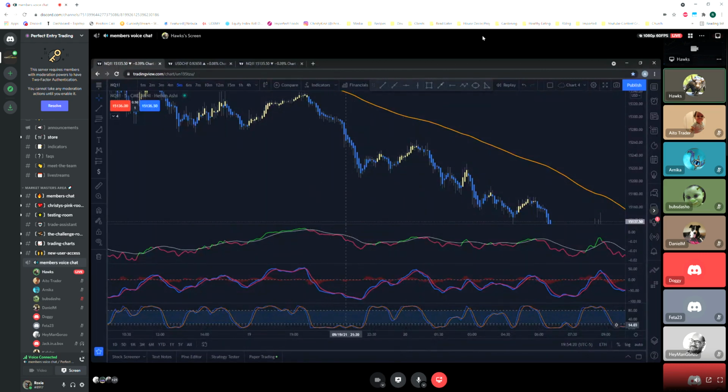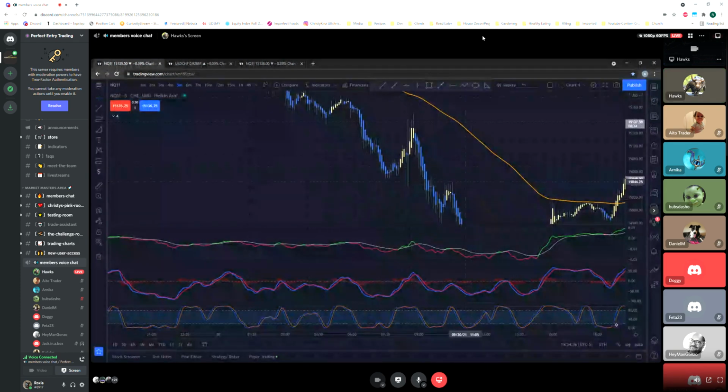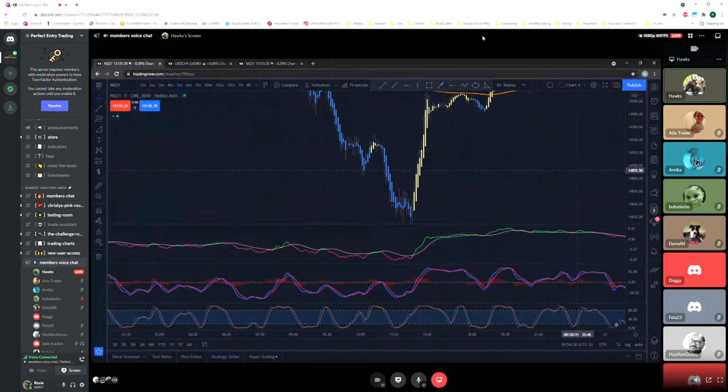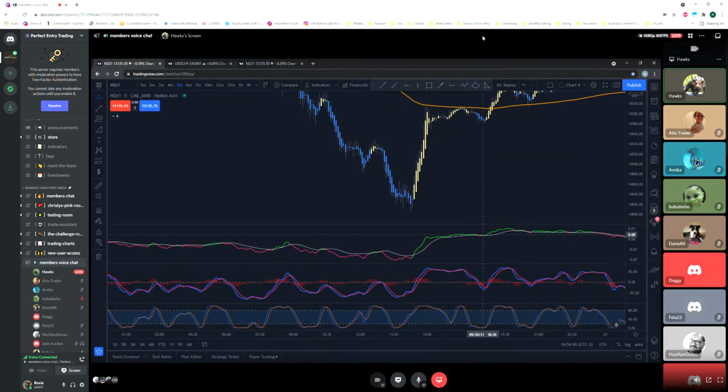And to me, that just confuses me a little bit. There's nothing wrong with people using this. By all means, if you're very comfortable using this, it can still work. But I find the TSI a little bit easier to use, especially if there's a divergence of some sort, it just makes things easier for me to spot.